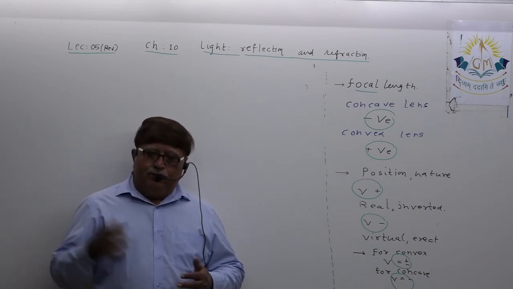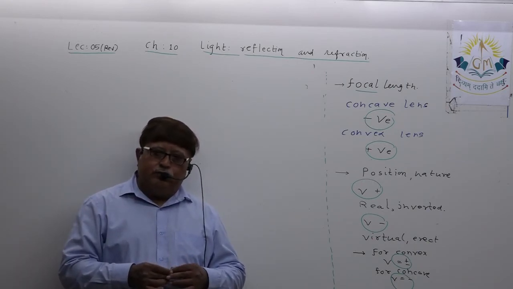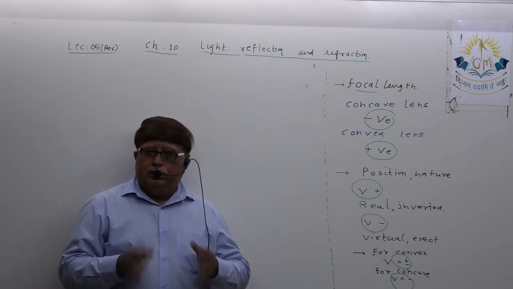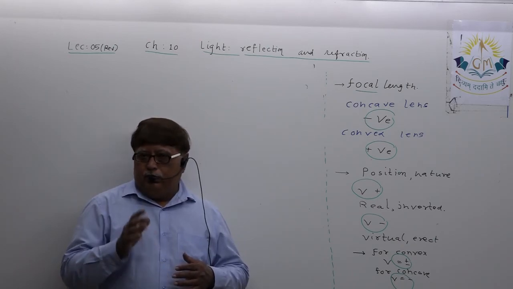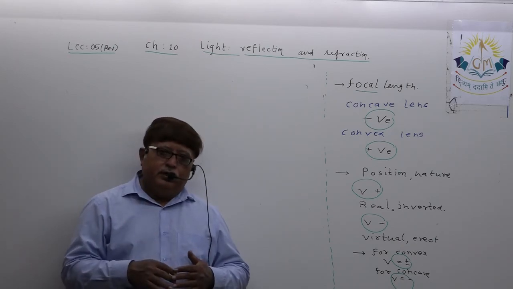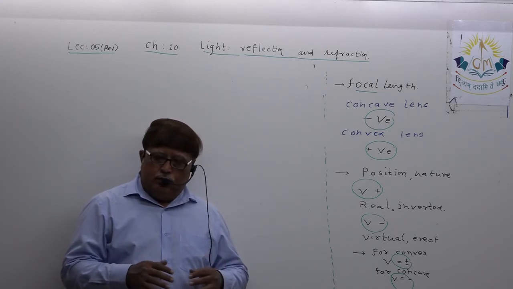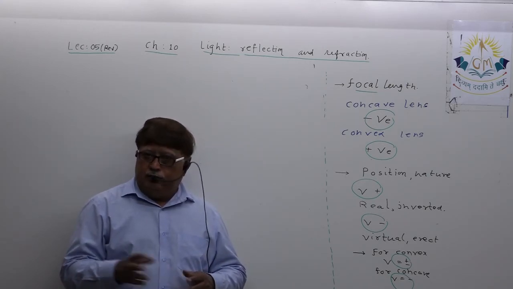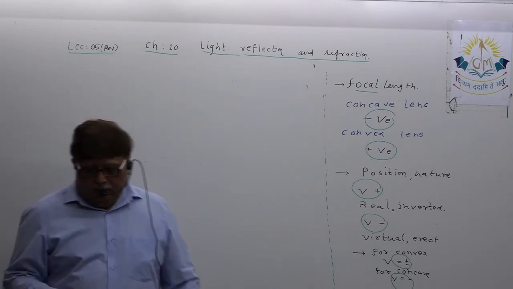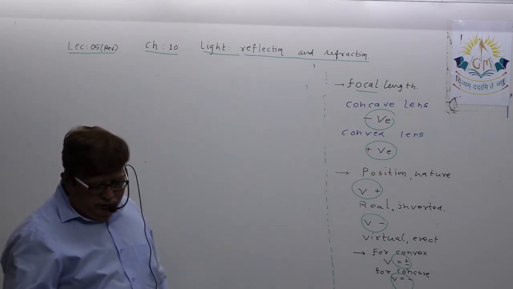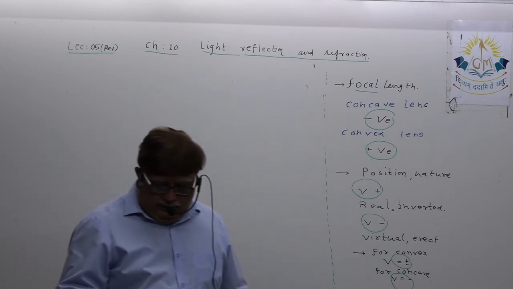At that time you will understand how you really get the power of a combination of two lenses. Here we are just looking at one example, number 24.